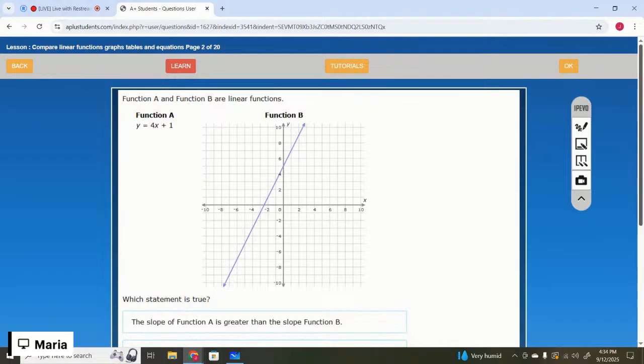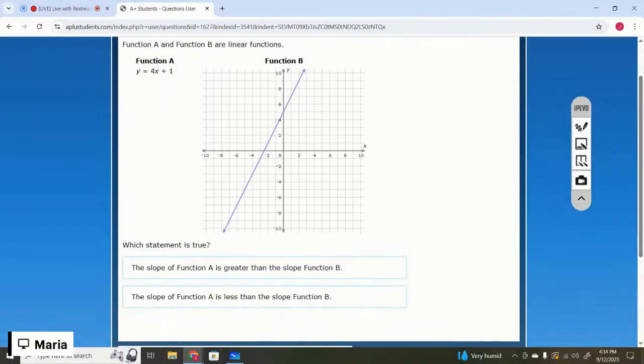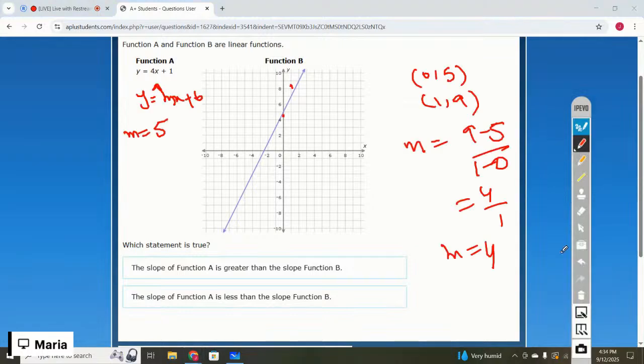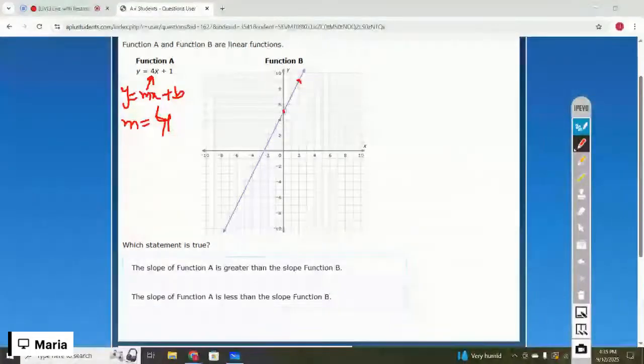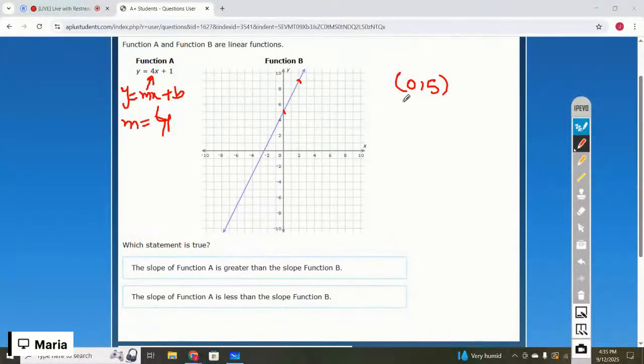Function A and function B are linear functions. Which statement is true? Function A is y equals 4x plus 1, y equals mx plus b, m equals 4. The points are 0 and 5, 2 and 9.